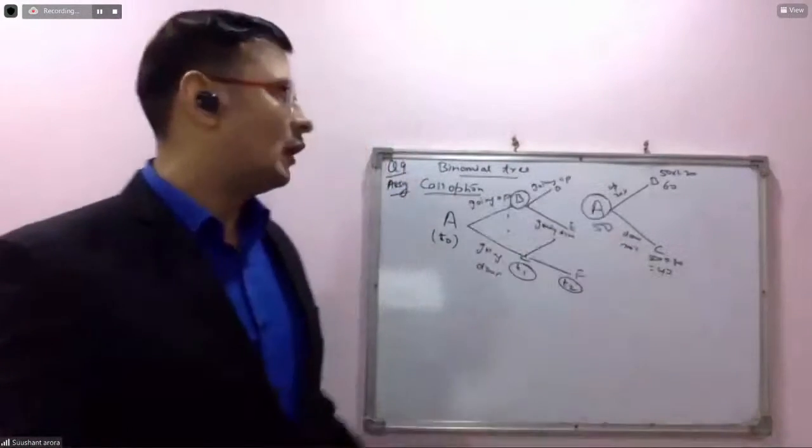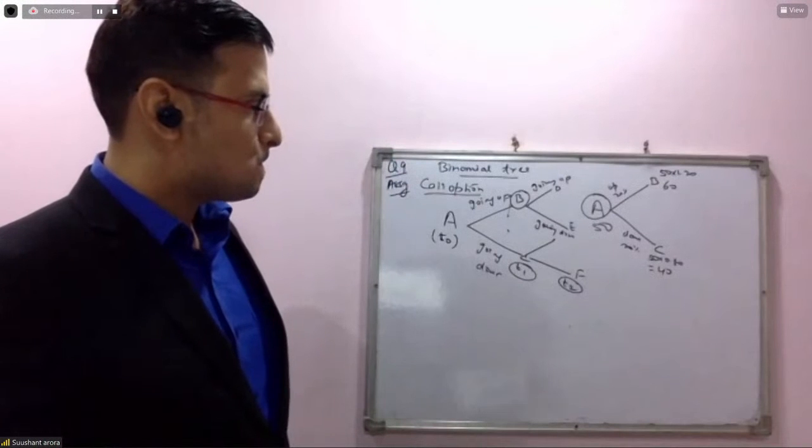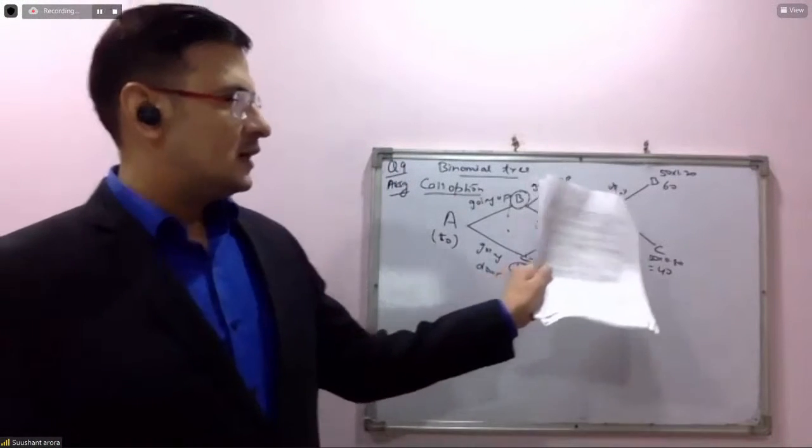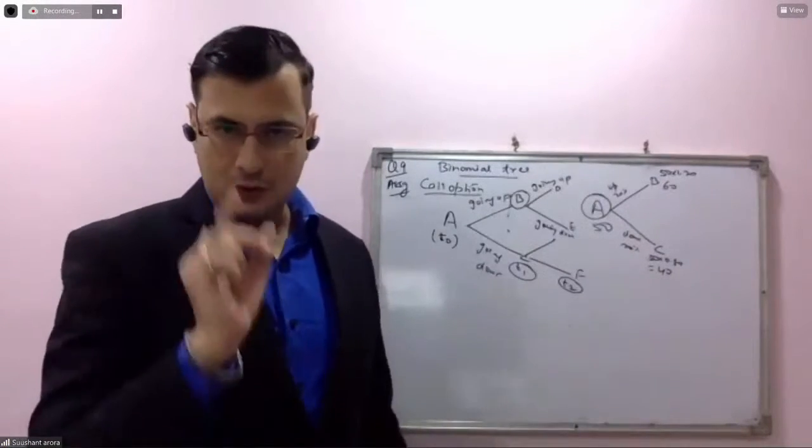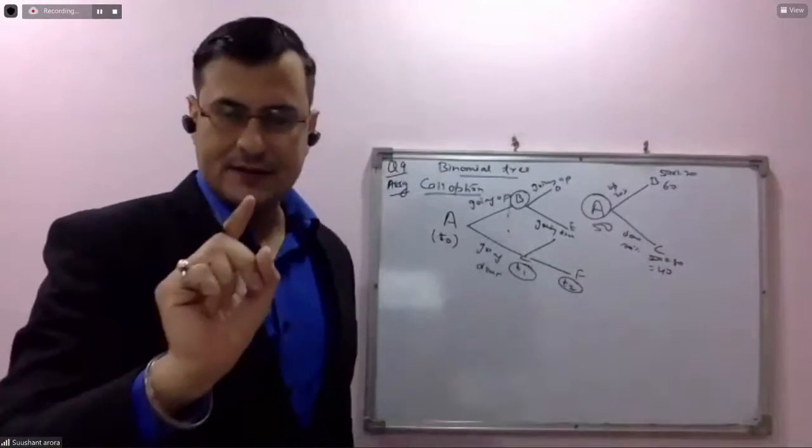Now the first possibility of going up and the first possibility of going down is for T1, the first time period.